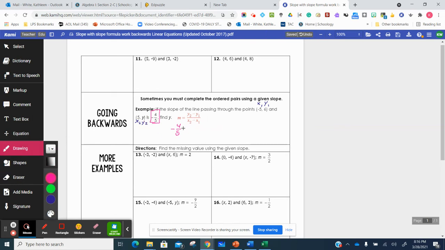So let's continue on, and I'm going to take my y sub 2 and write y, because that's what it is, minus 6. And that's all going to be divided by x sub 2, which is 5, minus -5.